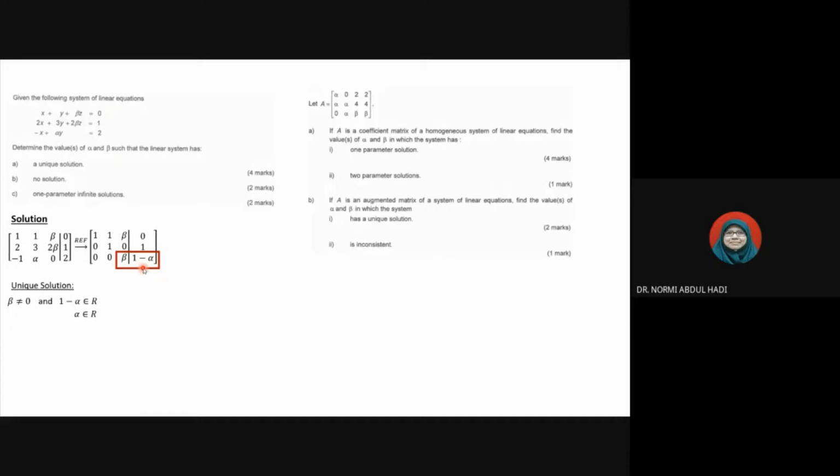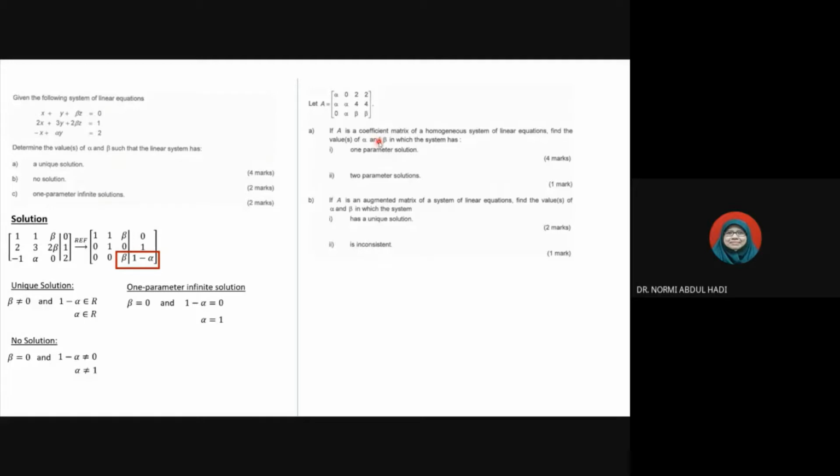For question B, no solution, it happens when beta equals 0 and 1 minus alpha does not equal 0, which suggests that alpha does not equal 1. For a one parameter solution, it happens when beta equals 0 and 1 minus alpha equals 0, which suggests alpha is equal to 1.